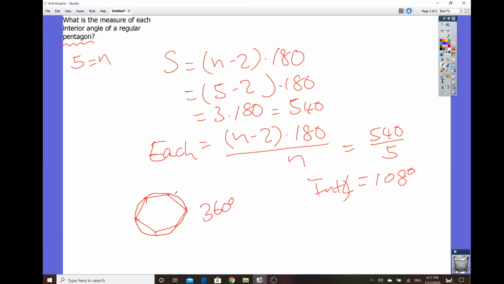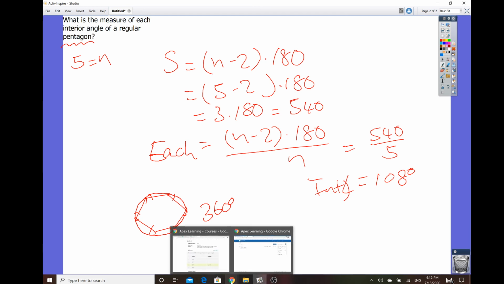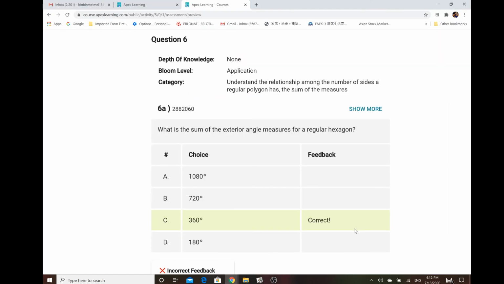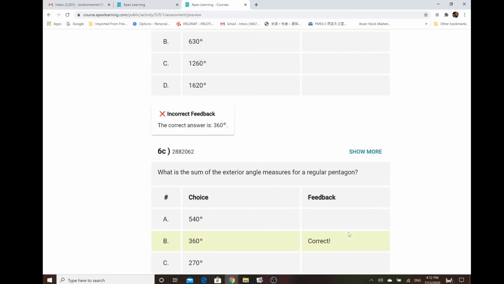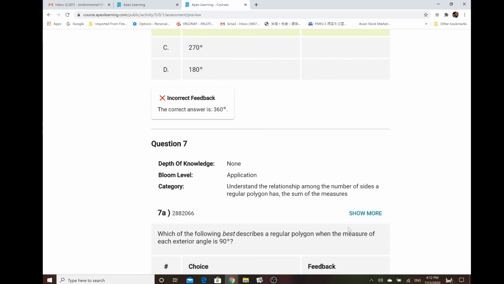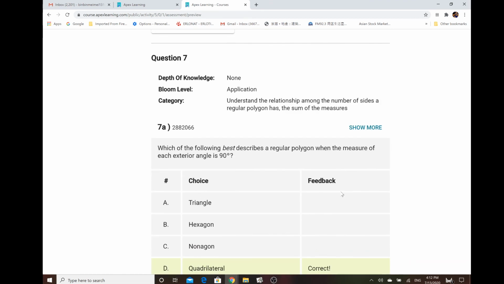So the measure of all the exterior angles is 360 degrees. Exterior angle means the angles outside the polygon. Okay, so let's go back to this one. So 360 for all the measures of the exterior angles of a regular polygon.